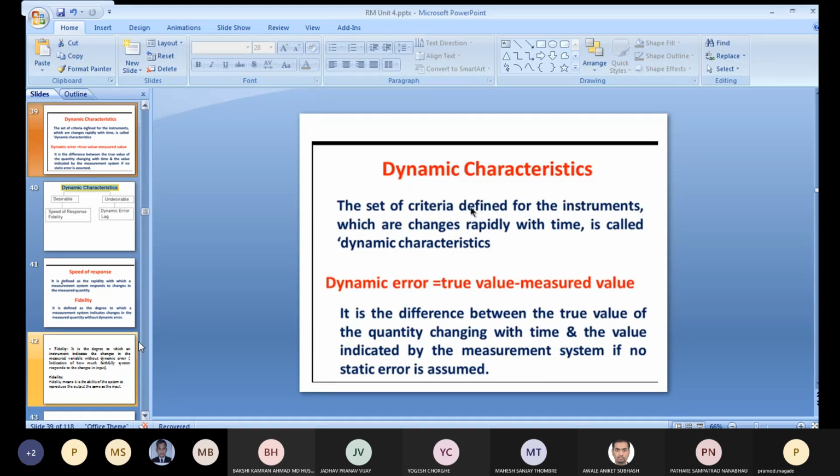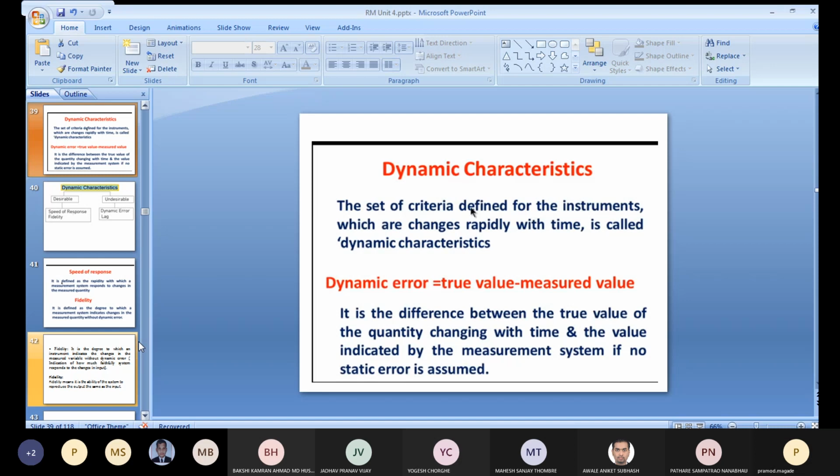Fidelity means whatever readings are given by the instrument remain the same after a particular interval of time, and if the fidelity is not proper, then there will be chances of dynamic error. Correct? So the change of reading with respect to time is called a dynamic characteristic. So just write down, it is a set of criteria.